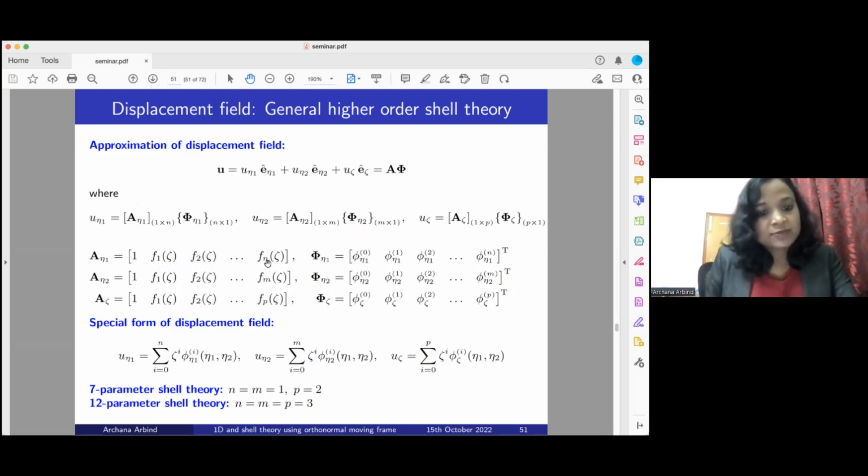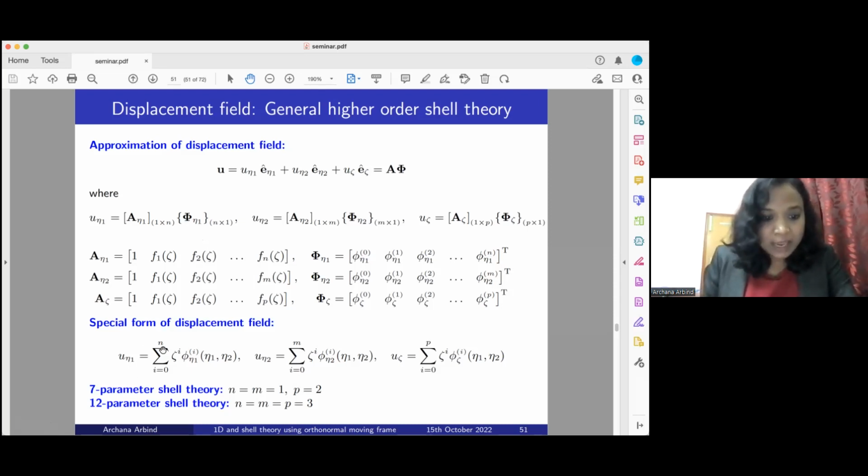For this zeta, we can take Legendre polynomial or power function, as shown here. M, N, and P are the orders of approximation. And the displacement variables, which are the coefficients of these basis functions, are to be calculated numerically via the finite element method.